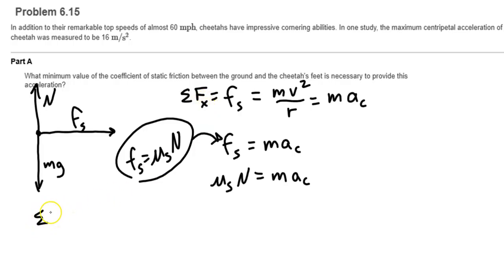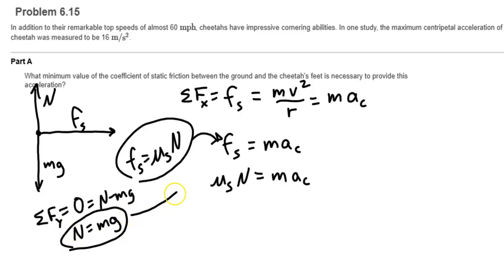And then over here in the y direction, sigma F_y equals 0, since they're the same size in opposite directions, they cancel out. And that equals normal force minus mg. So what we can take away from that is that the size of the normal force equals m times g. And knowing that, I can replace normal force with m times g.